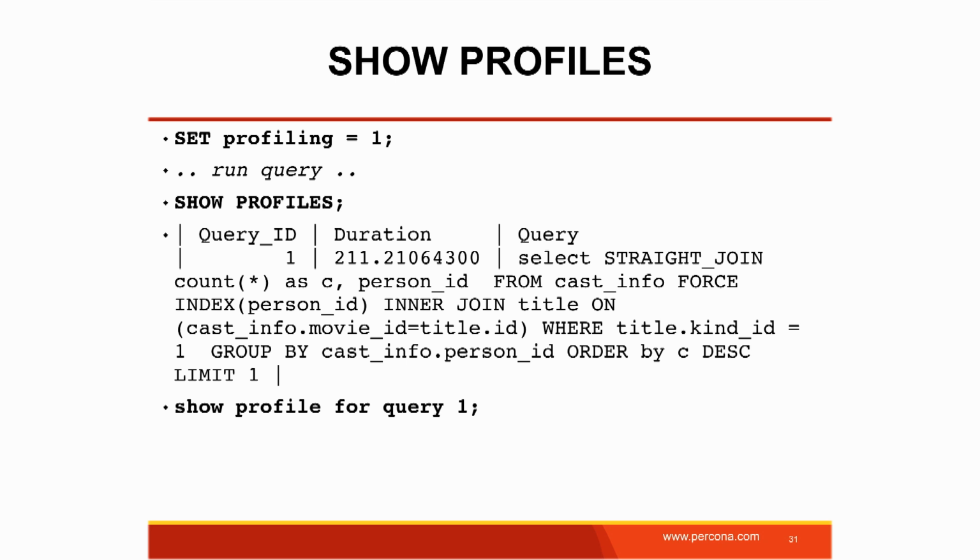And we can see that most of the time, these are not perfect numbers, but they show you a good indication, especially here. Copying to temp table was 113 seconds. Copying to temp table on disk: sometimes MySQL converts a temp table when it becomes too large in memory. It makes it a MyISAM table on the temporary directory on the file system. So you can see that this took 96 seconds.